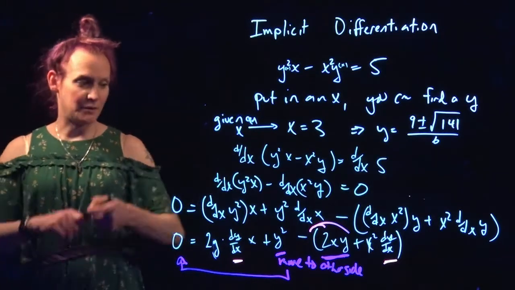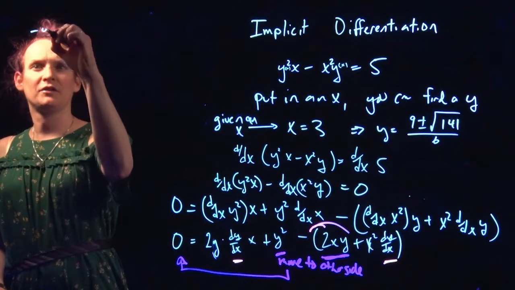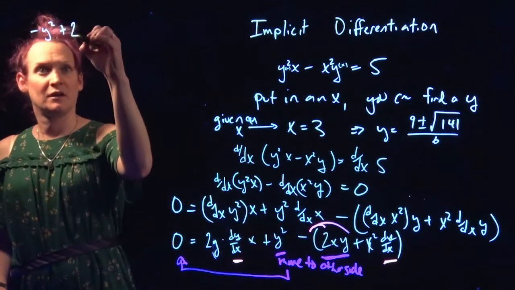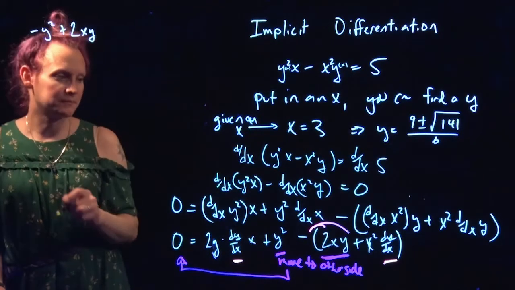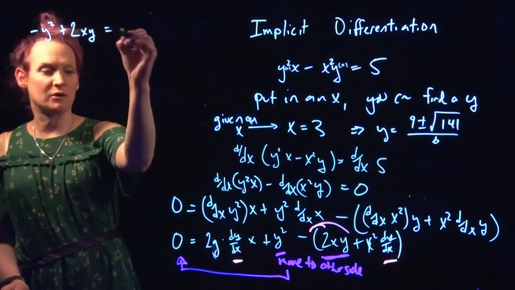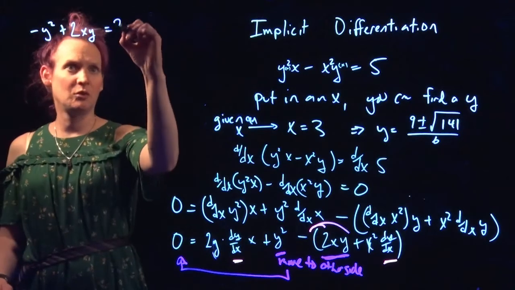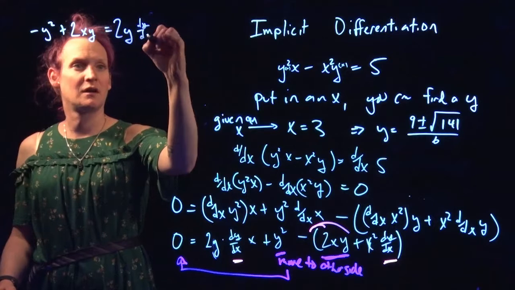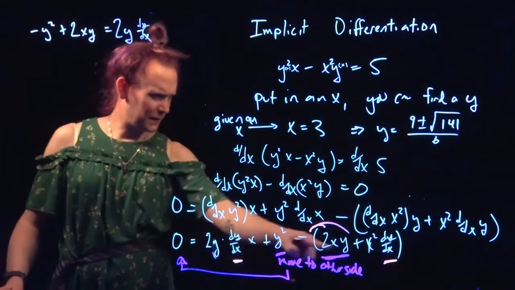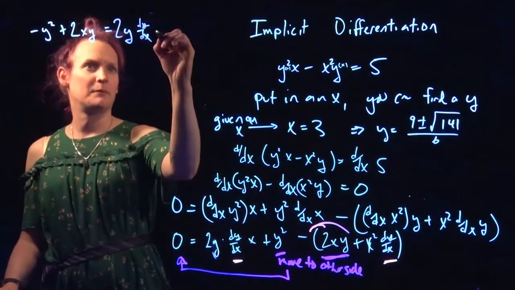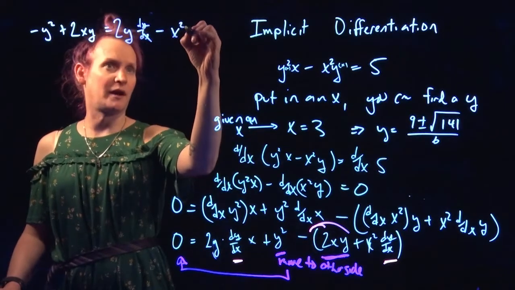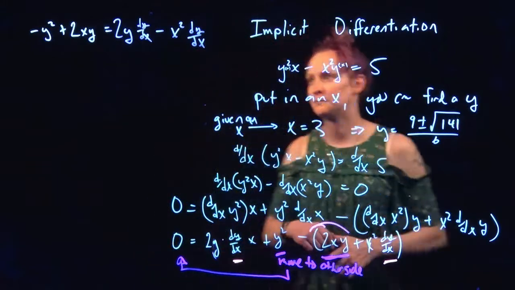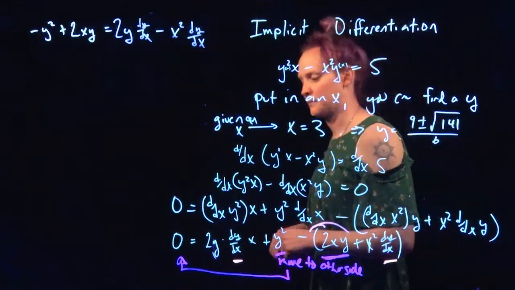So instead of 0, now I'm going to have minus y squared, because I moved it to the other side, plus 2xy equals 2y dy/dx. And then the other piece, I've got this minus sign, minus x squared times dy/dx.